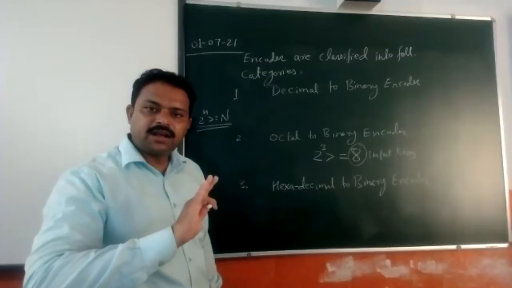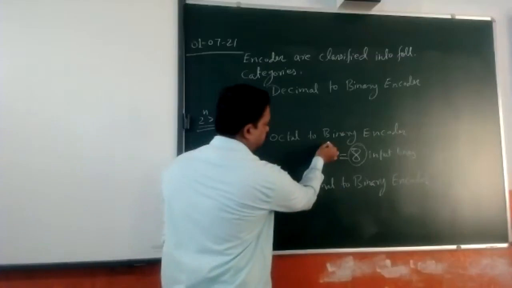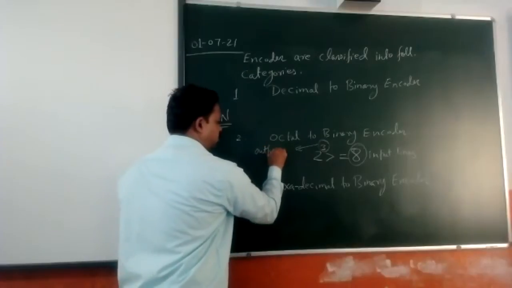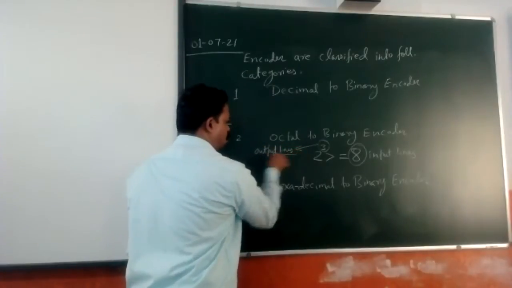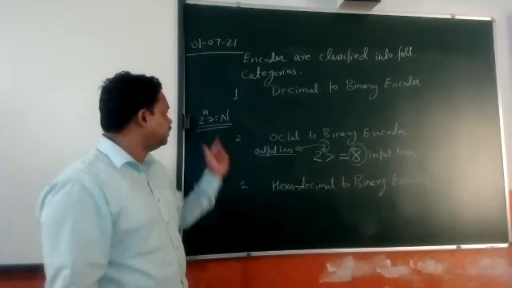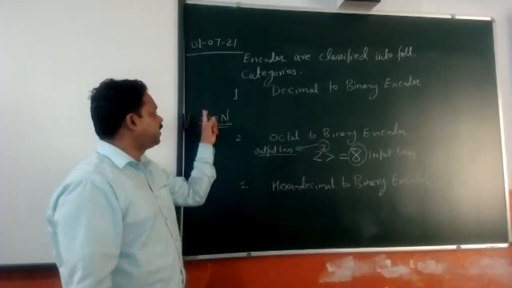And how many output lines? 3 output lines. Now I hope you have understood the relation: 2 raised to power n greater than or equal to N.